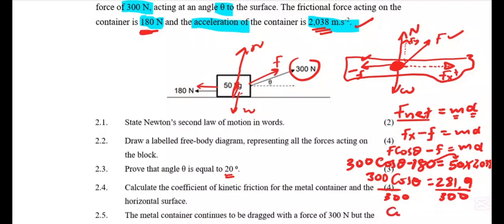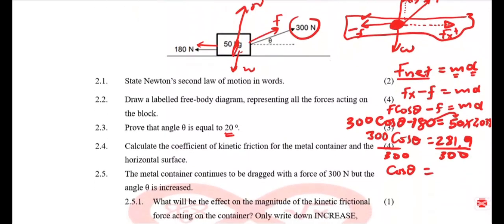So on this side cos theta is equal to 0.9397. Then to find theta we take cos inverse of 0.9397.